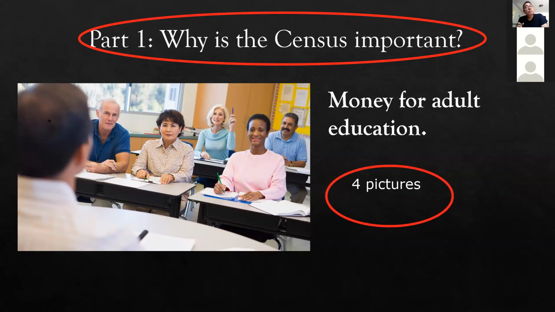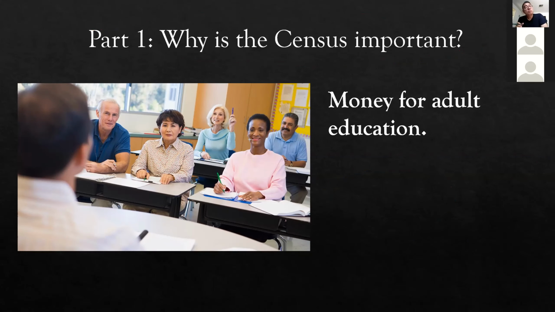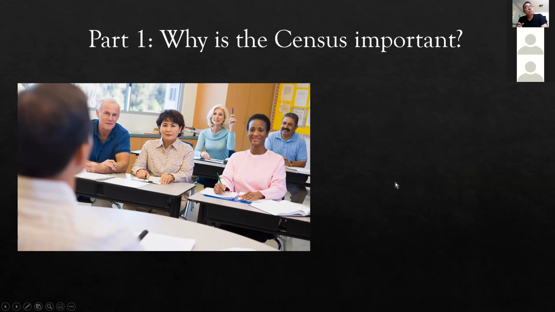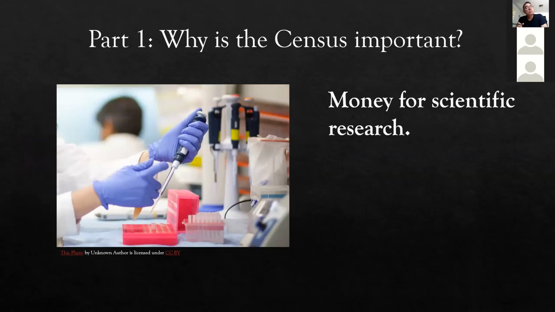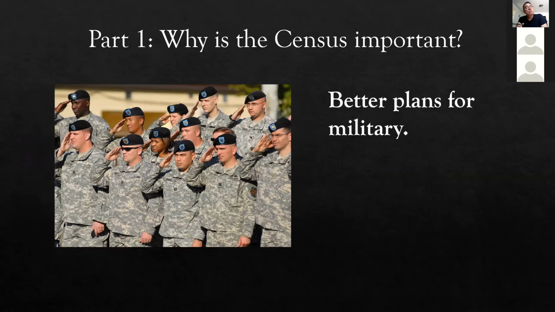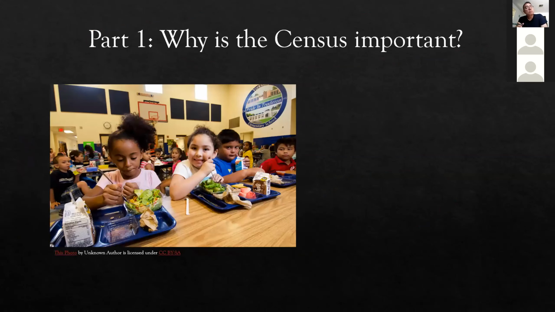So you might get this picture right here. If you get this picture, you have to say, oh, money for adult education. So maybe this is 1, and maybe number 3. Let's do this one. This is your second picture.